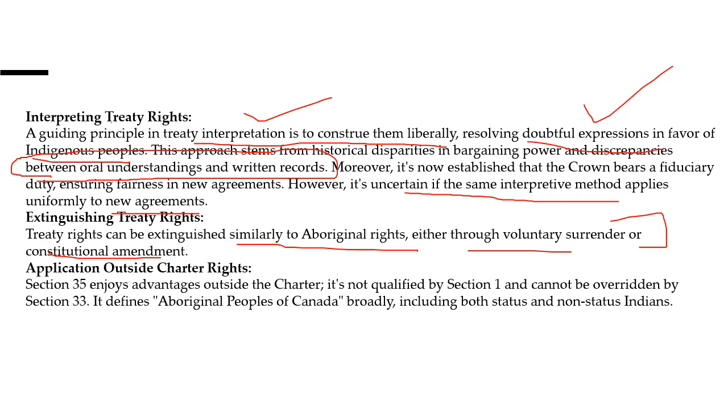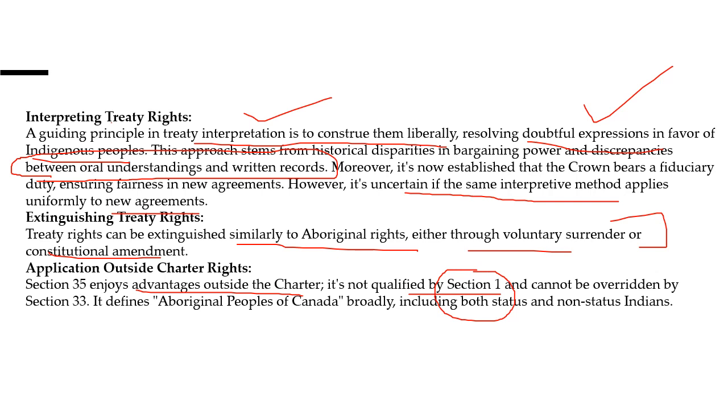Then application outside the Charter rights. Section 35 enjoys advantages outside the Charter. It is not qualified by section 1. Whenever we talk about any other Charter right or constitutional right, we know that a state is justified in doing something against those constitutional provisions if a particular action of the government or state is valid or justified under section 1.